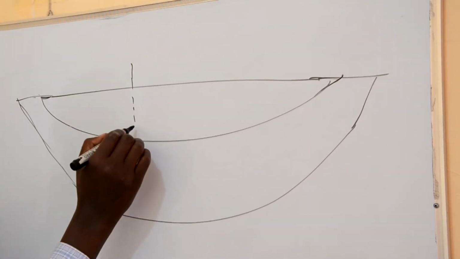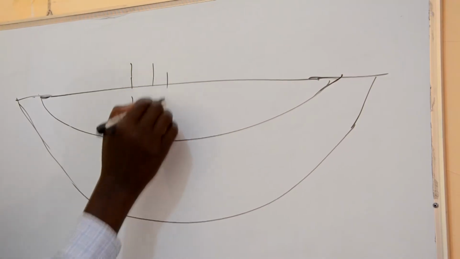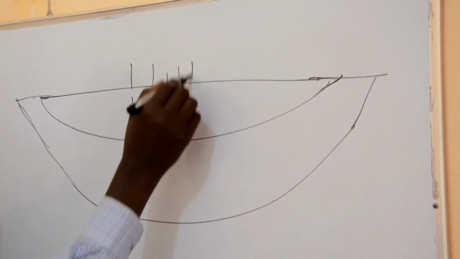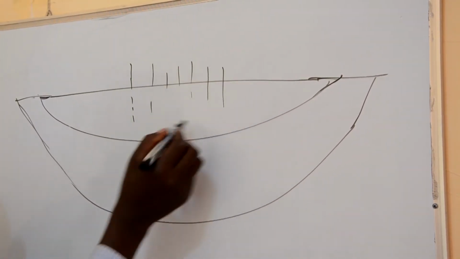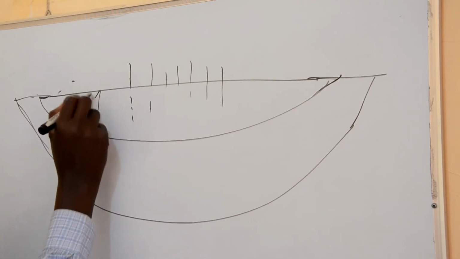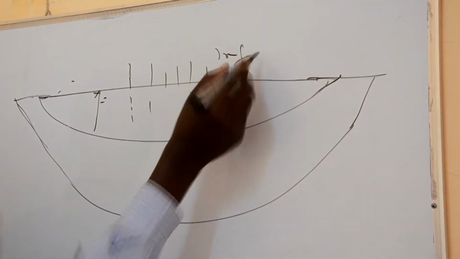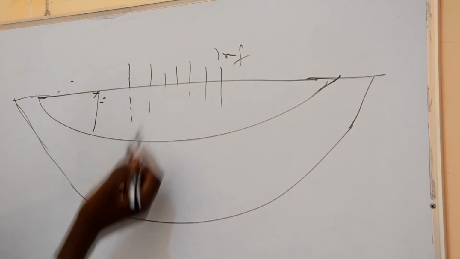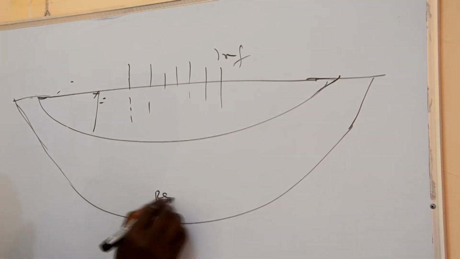Therefore, water which is infiltrating or sinking nearby the earth's surface level is called infiltration. But infiltration is different from the word called percolation.